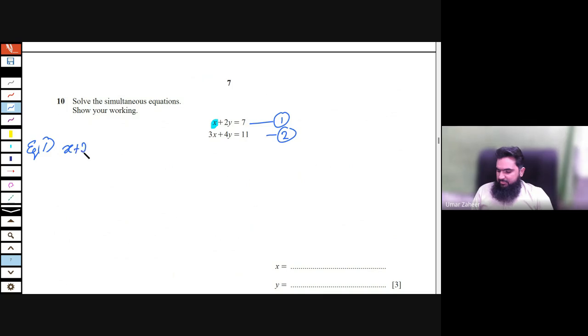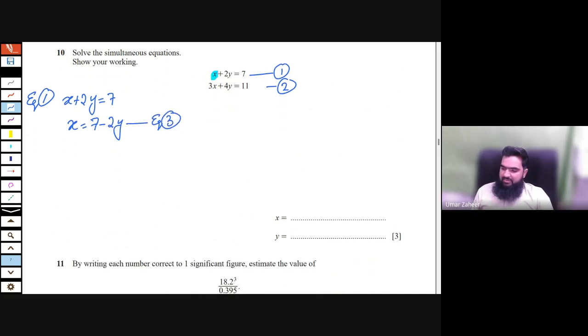We have x plus 2y is equal to 7. It is plus 2y, so on the other side it will be minus 2y. We will get a new equation, that is equation 3. Now substitute this value into the other equation, which is equation 2: 3x plus 4y is equal to 11.